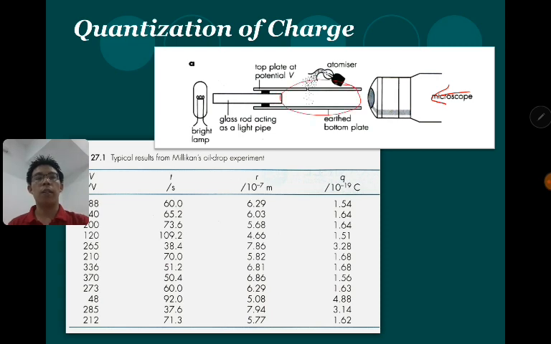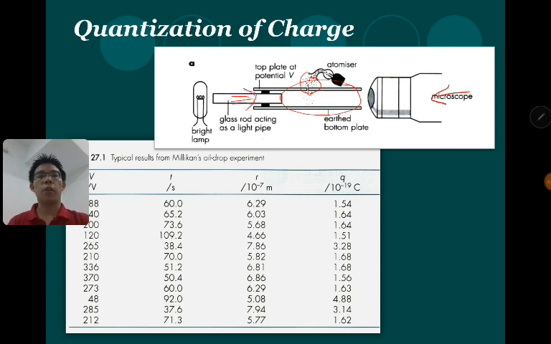In this cavity there are some oil drops that are released into this small hole here, and they are going to fall through it. Between the two plates there will be a potential difference, and behind there is some backlight trying to light up the oil drops.